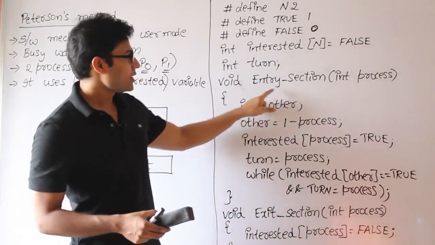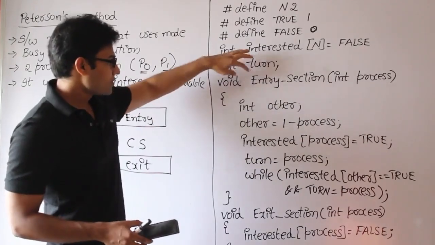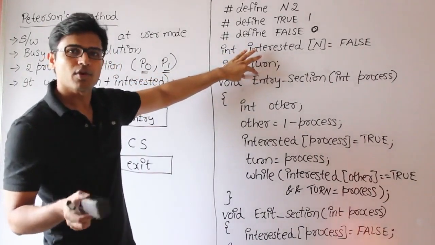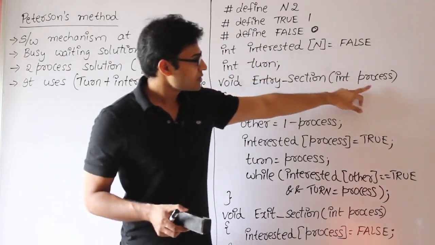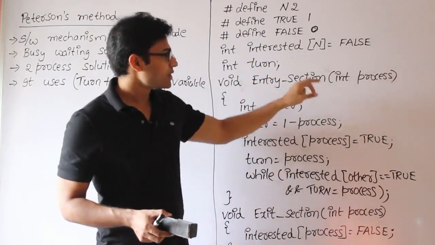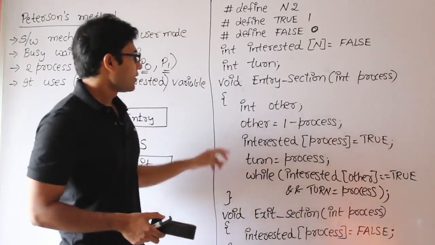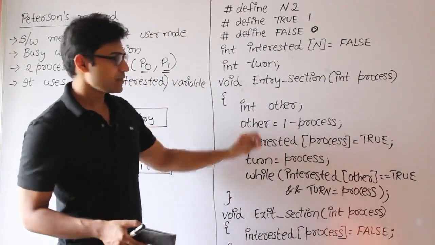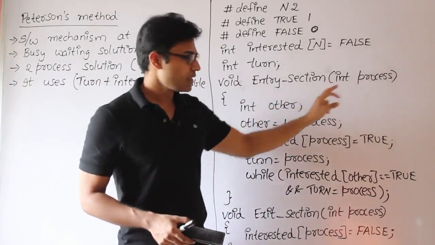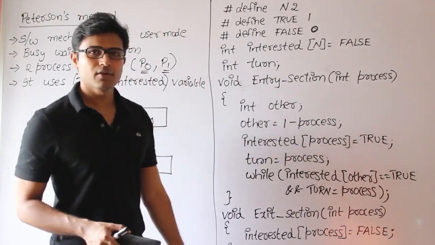Now void entry_section(int process). If this function is executed by, let us say, the process P0, then this int process will take 0. In case it is executed by P1, then it takes 1, right? int other means if it is called by P0, then the process ID will be 0, and the other process will be 1 minus 0, which is nothing but 1.